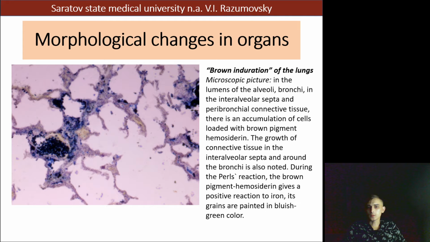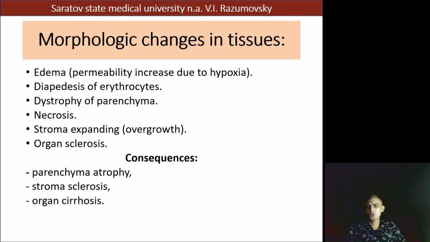In this slide we have Perls' reaction, so granules of hemosiderin have green-blue color, but in natural color it will have brown or black color. You should remember it from mixed degeneration. Morphologic change in tissues associated with formation of edema, diapedesis of erythrocytes, dystrophy of parenchyma, necrosis, stroma expanding, and organ sclerosis.